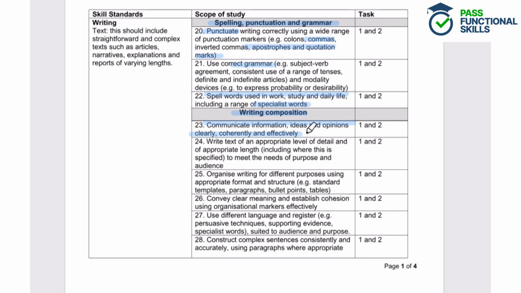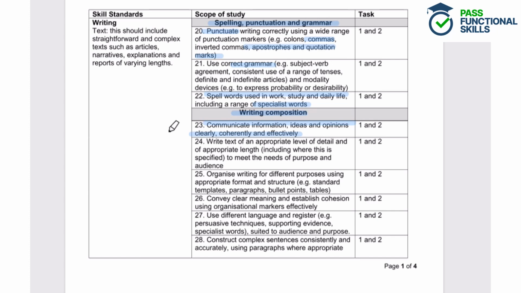What does this mean? Well, information includes facts, and then our ideas and opinions are thoughts and feelings about a topic and our suggestions. We need to be communicating all of this clearly, so it's easy for the reader to understand. It needs to be coherent and effective.